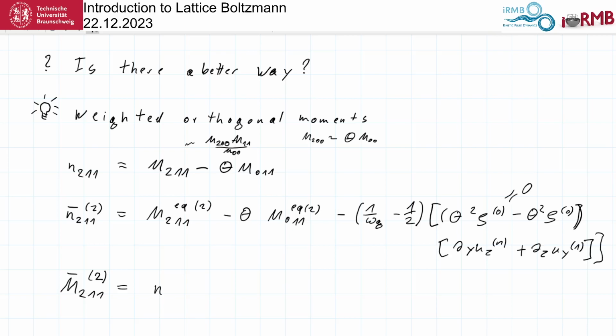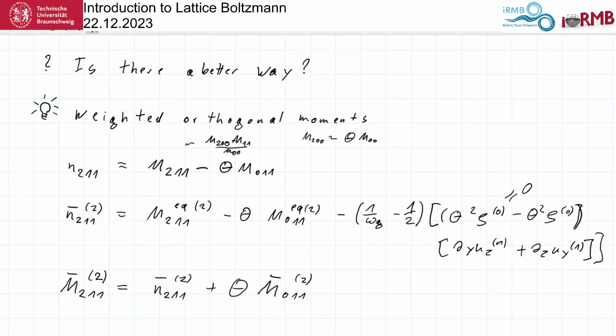So now we express the moment m211 by the moment n1 m211 to second order. So we have to inverse this operation. Previously we subtracted theta m011. Now we add this again.